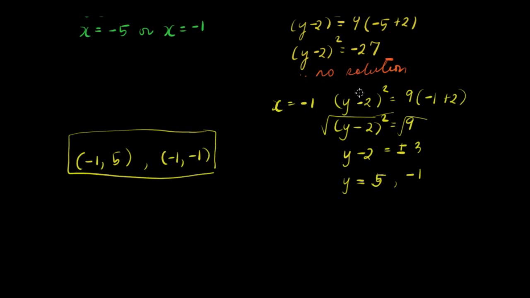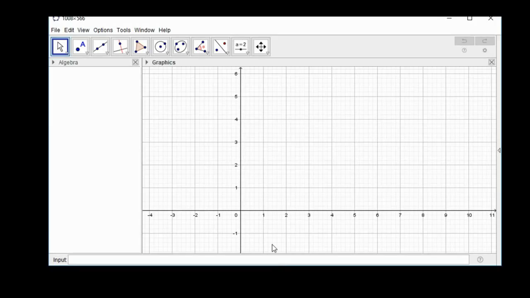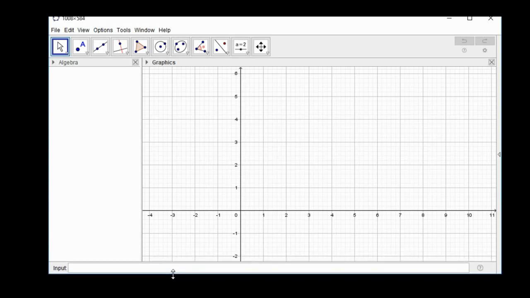Let's verify this using GeoGebra. Let's key in. So, the first equation is y minus 2 squared equals 9 times x plus 2.